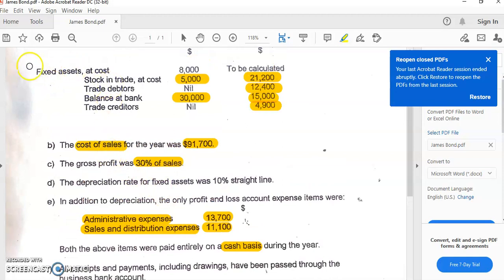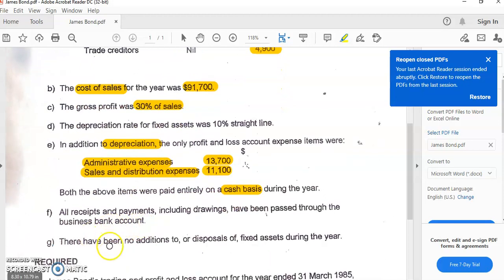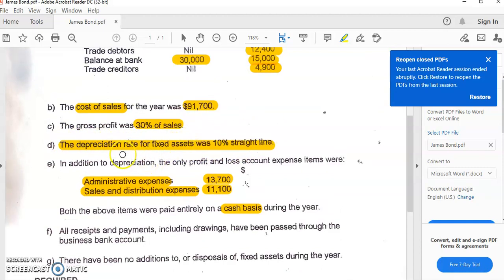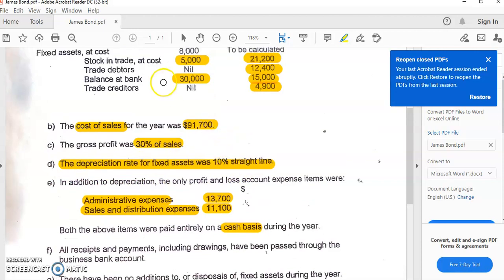But what they mentioned is that we have fixed assets at the beginning of $8,000, and they said in addition to depreciation, so that means they have some depreciation going on. They say the depreciation rate for a fixed asset was 10% on straight line. So they give us a rate for depreciation, 10% of the asset straight line, and our asset is $8,000.